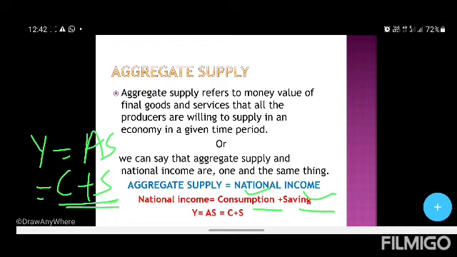Aggregate demand, which we have discussed, was from the household, the consumer side point of view, and we now have aggregate supply, which is from the producer side, from the production point of view. Therefore, aggregate supply is equal to national income, which is equal to consumption plus savings.